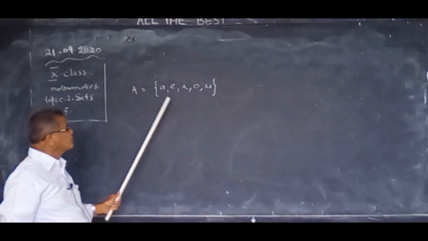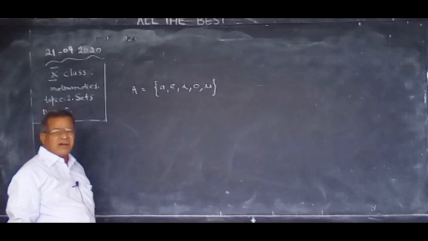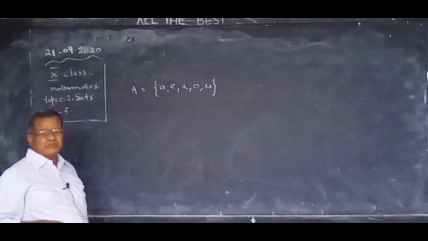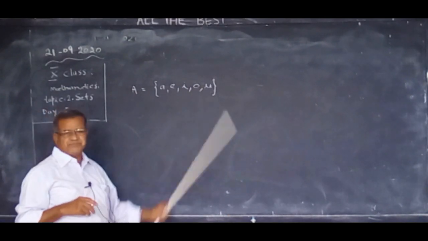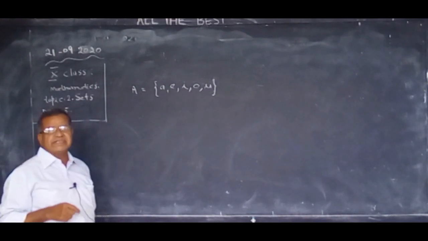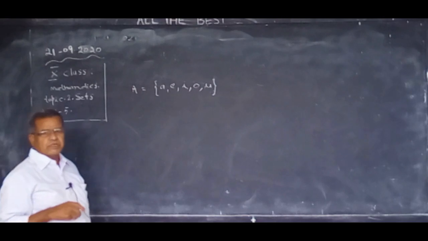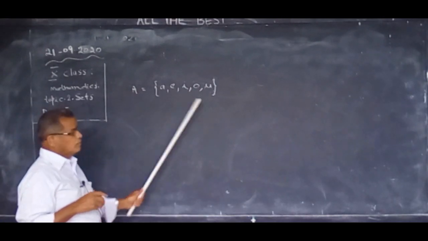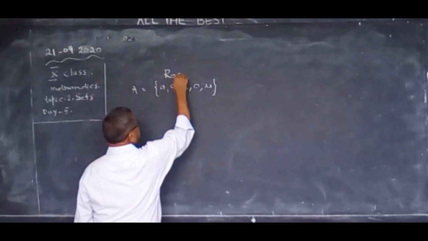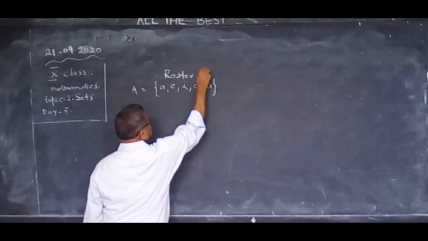This is the common property of the elements, so we should have some common property. These five are vowels of the English alphabet. This is roster form.